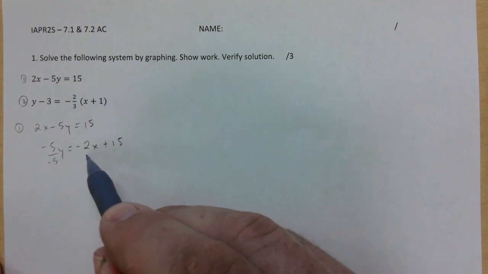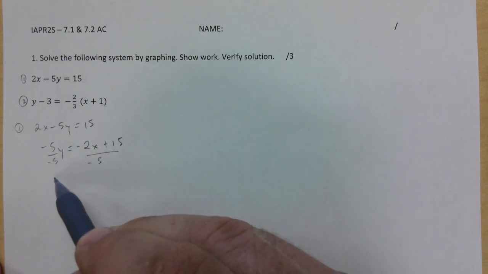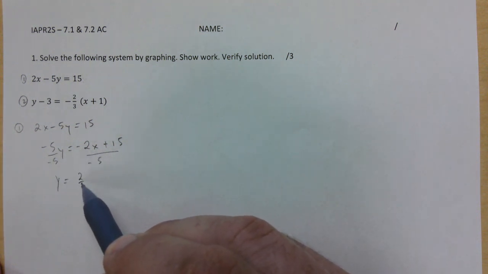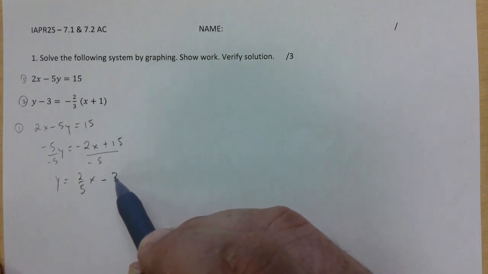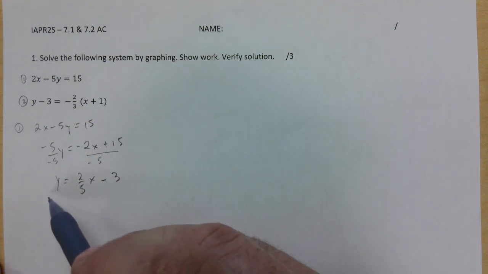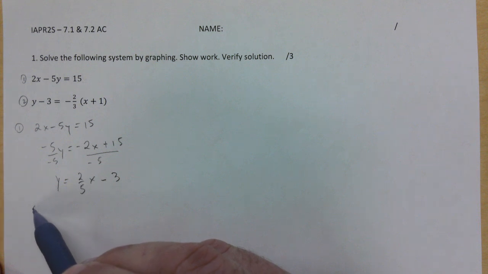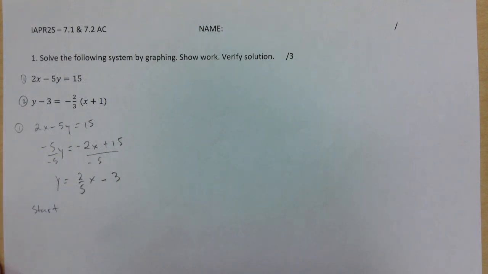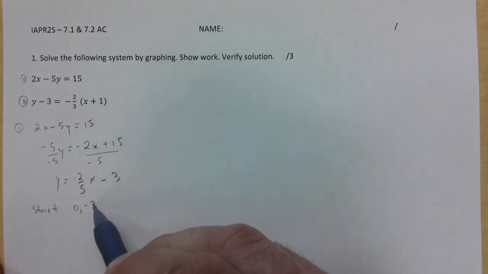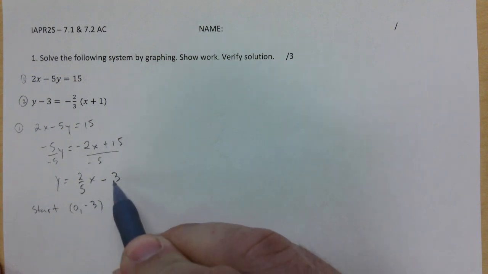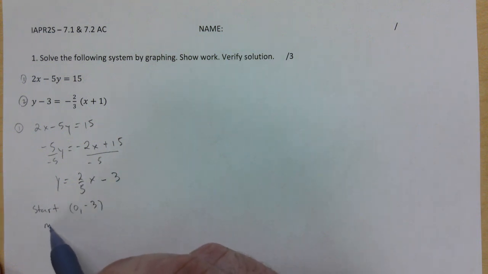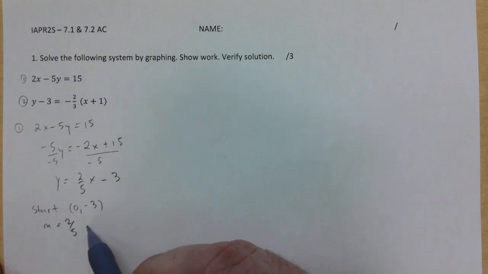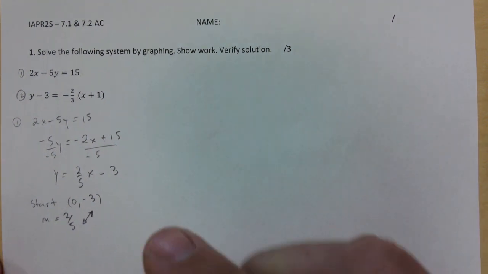Divide everything by -5, and you have y is equal to 2/5 x minus 3. You don't have to write this on a test, but we start with the intercept and then use the slope of 2/5 positive, so we know this is going up towards the right.